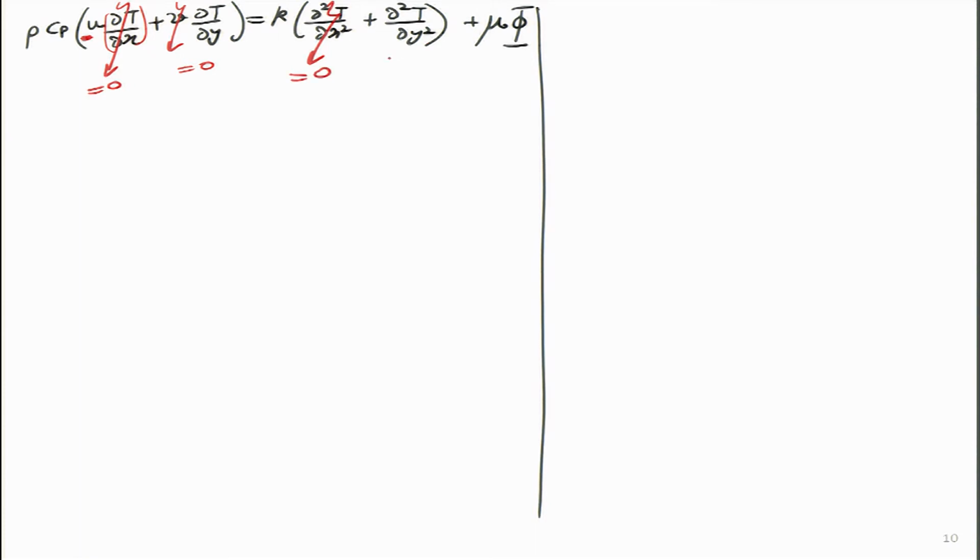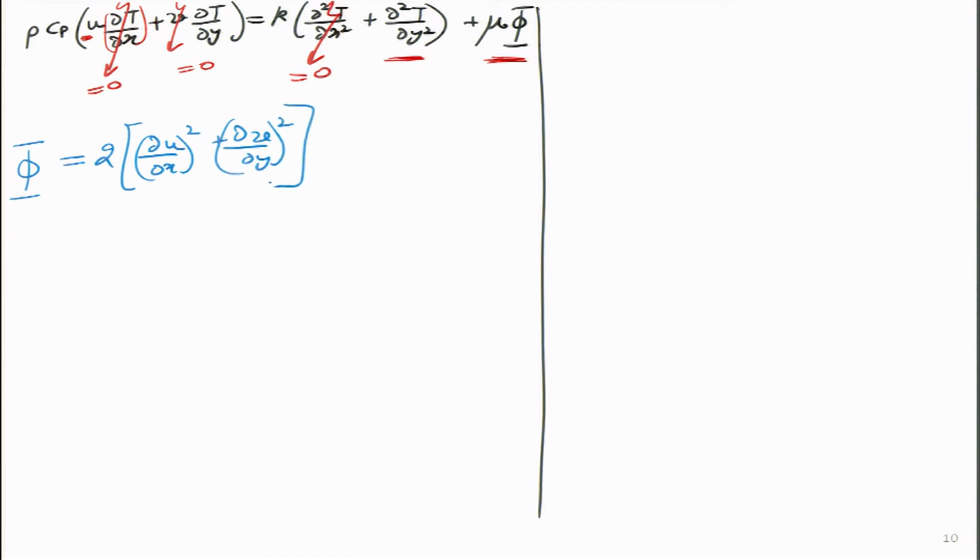So we only have one term over here, and then we have also this thing over here. So let us also solve for phi. So phi I will write over here. This is a viscous dissipation function, and this value we can write from 2 slides back. I am writing it from my notes, and it turns out to be this plus one more term plus this whole square.